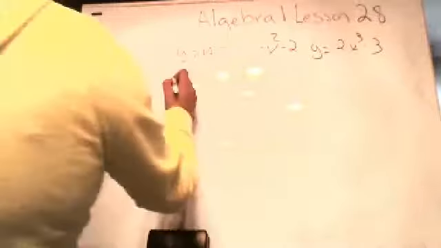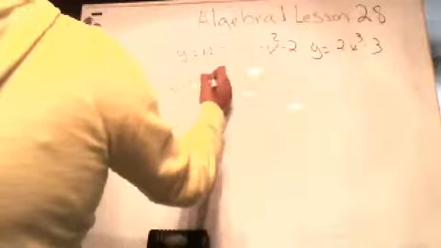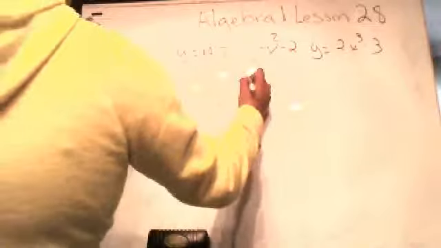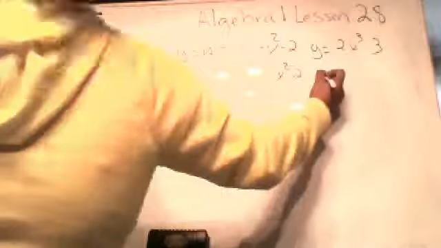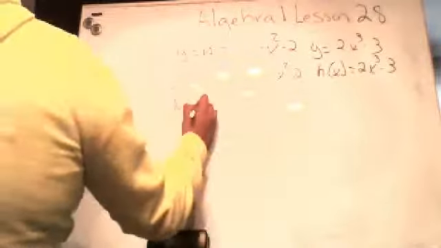So let's give them different names. All right? So let's call this one f of x equals x plus 7, g of x equals x squared minus 2, and h of x equals 2x cubed minus 3. So now we have named the functions f, g, and h. We're asked to find h of negative 3.